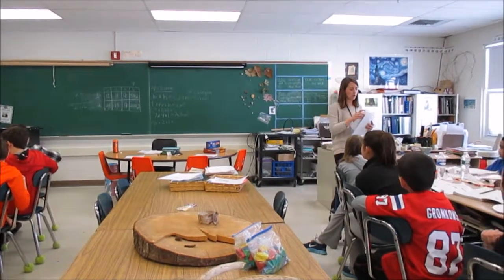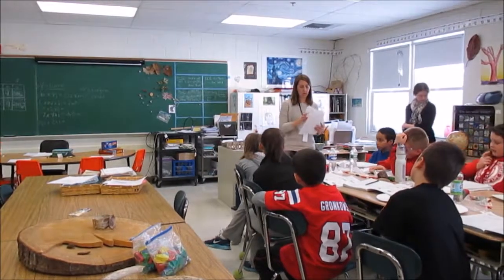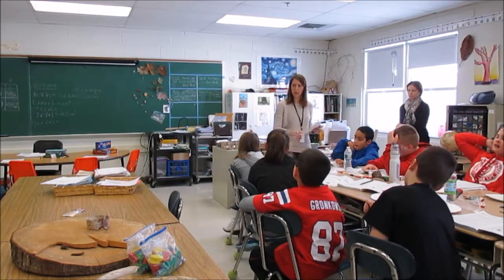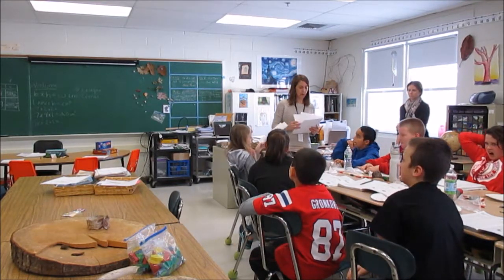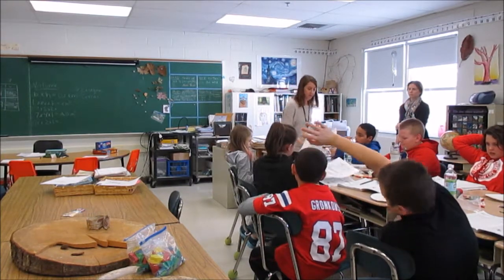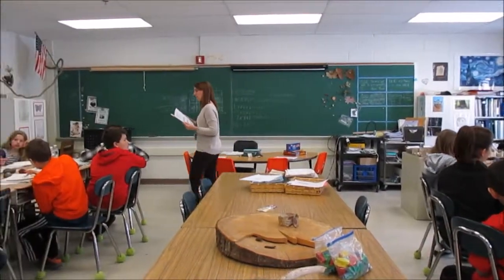And then tomorrow I will be back and we're going to talk about composed figures. Does anyone know what a composed figure is? Brianna? It's kind of like 2 different figures combined in one.